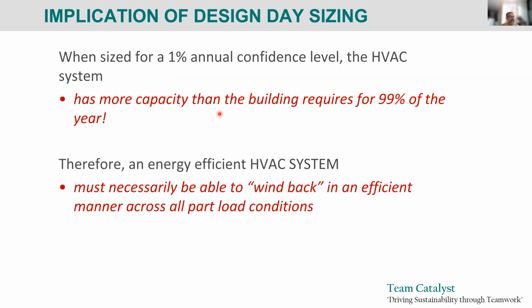And that simply means that for 99% of the year, you have more capacity than what the building requires. And that leads us to the statement about an energy efficient air conditioning system being able to wind back in an efficient manner across all parts and conditions. And that's where the control loop comes into its own.